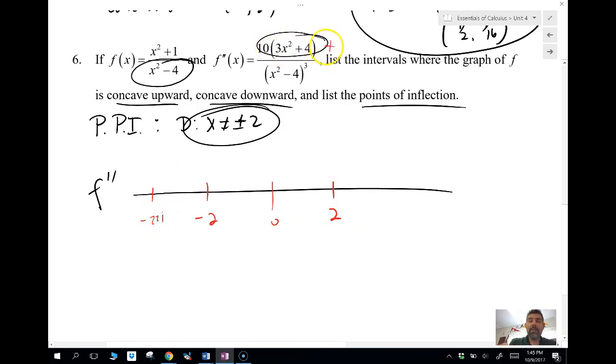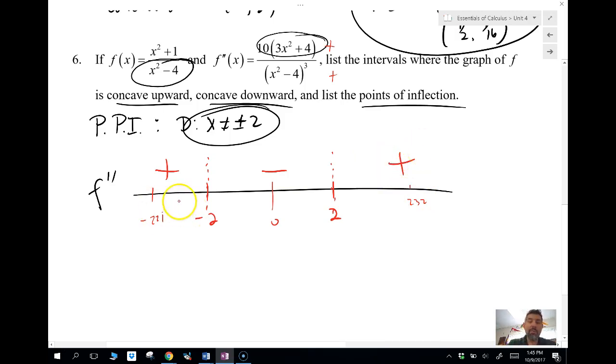It's going to give me a positive on top and a very positive on the bottom. So that's going to be positive. And then this guy right here is an asymptote, so I'll put my dots here. 0 is going to give me a positive divided by a negative, so that's negative. And then 232 is going to give me a positive.